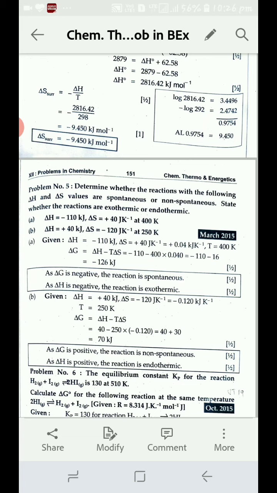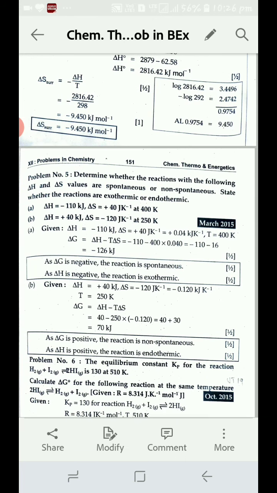Calculate delta G0, the standard Gibbs energy change, for the following reaction at the same temperature, and the equation is only the reverse equation: 2HI gives H2 plus I2, and again H2 plus I2 gives 2HI. So it is a reversible reaction, and the R value is given.